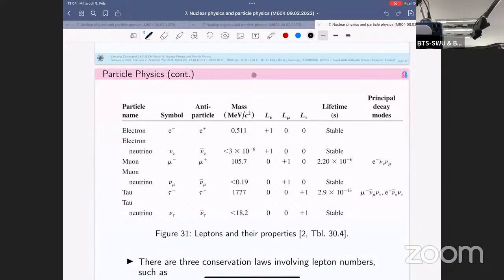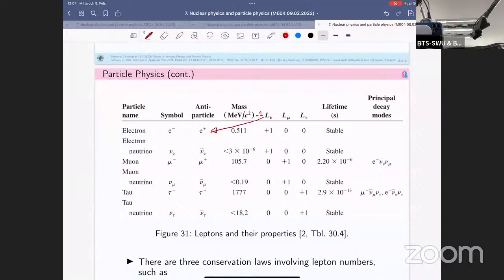The lepton number for the electron is +1, and the lepton number for the positron is -1.